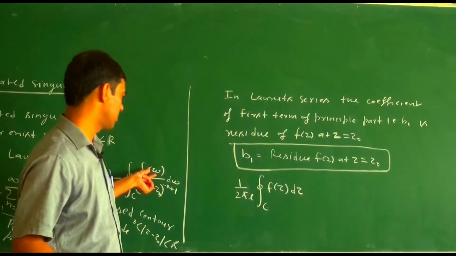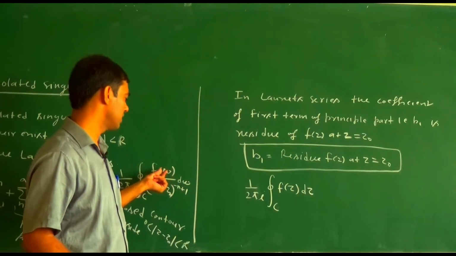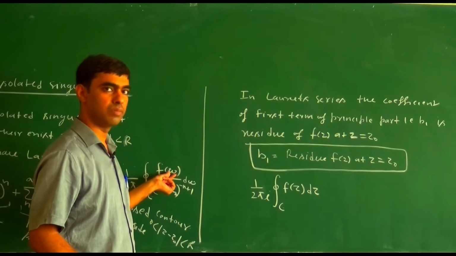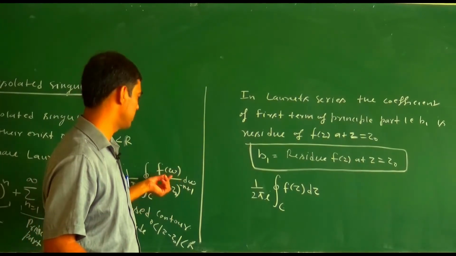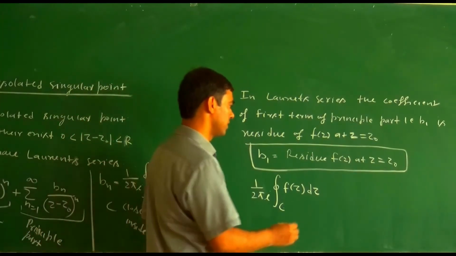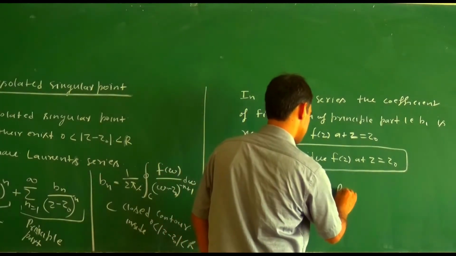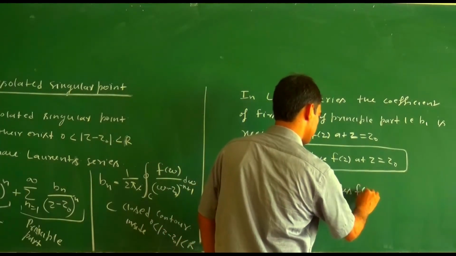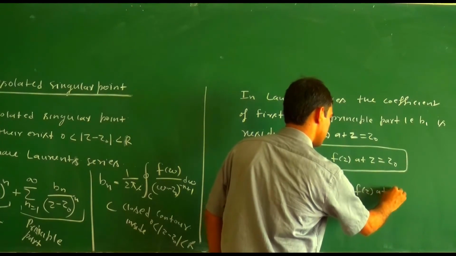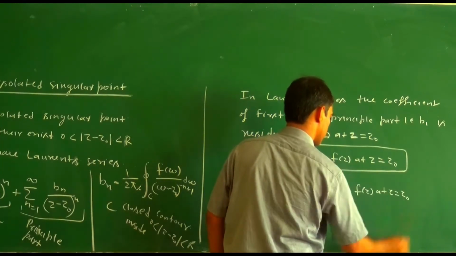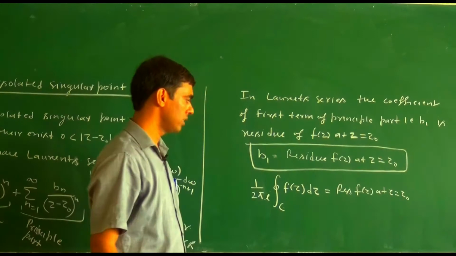Here we wrote f(w) dw, but either variable, w or z, doesn't matter. So the integral of f(z) dz equals the residue of f(z) at z equals z0.